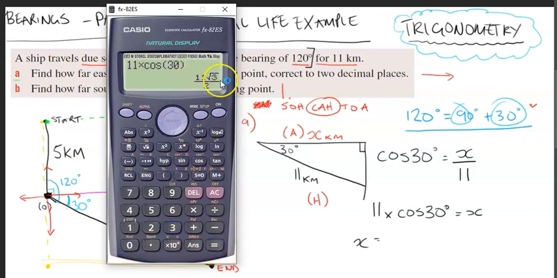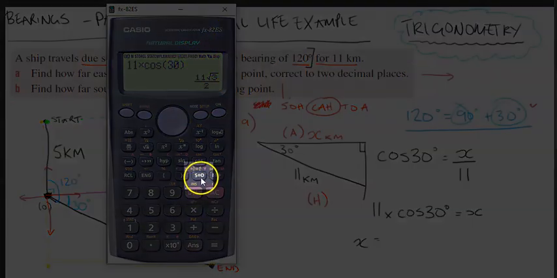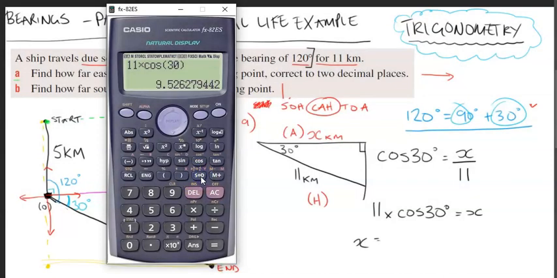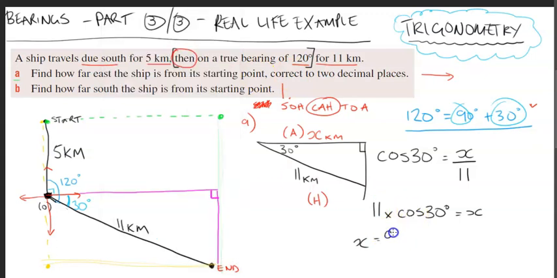Now, if you get this answer that looks like this, make sure that you press the SD button, from standard to decimal format, and standard just means it wants it in a fraction form. You get these little square roots popping up. You don't want to look at that. You want to get this. So in this case, 2 decimal places, 9.53. So x is equal to 9.53 kilometers. So all this is saying is, after this ship has traveled from there to there to there, how far away east it is from the starting point is 9.53 kilometers.